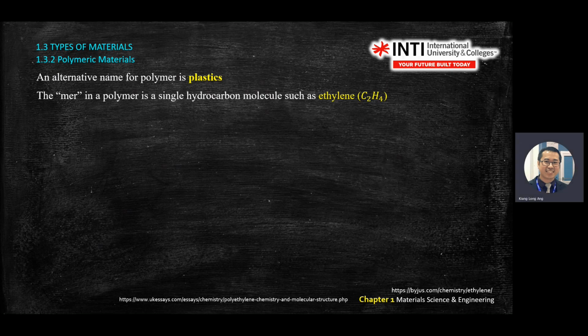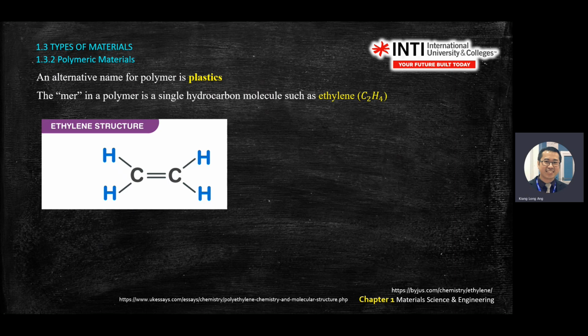Okay, example. One of them is what you learn in your chemistry class, C2H4, ethylene, in the hydrocarbon series. Hydrocarbon means it consists of carbon and hydrogen. Then based on the numbers of carbon and hydrogen, you give it a name. So the first one is ethylene, C2H4.